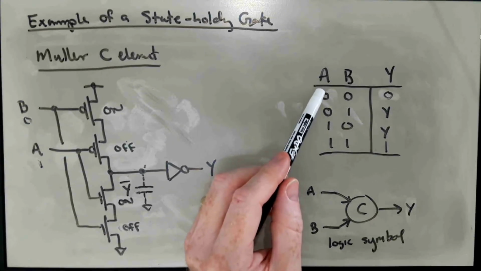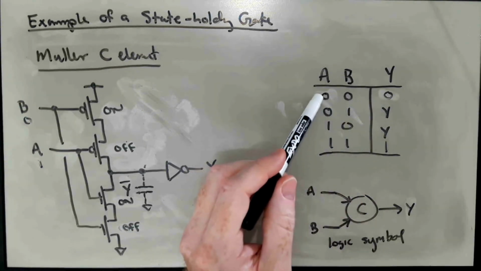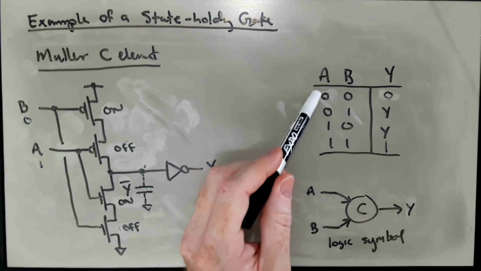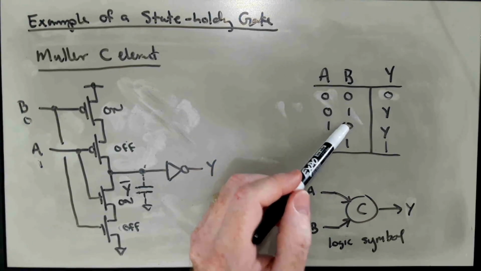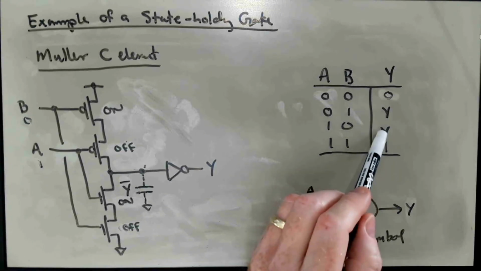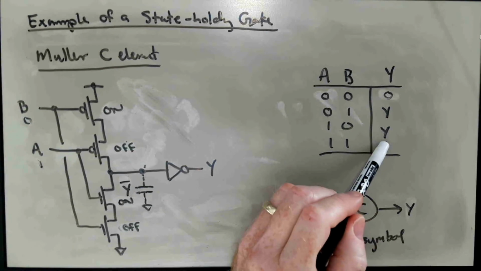So let's suppose that A and B are both 0 and Y is 0. Well, then let's suppose at some point A goes to 1 and B has not come in yet. Well, it's going to maintain its previous state of 0 until B goes to 1, and then Y goes to 1. And then let's say B goes back to 0.